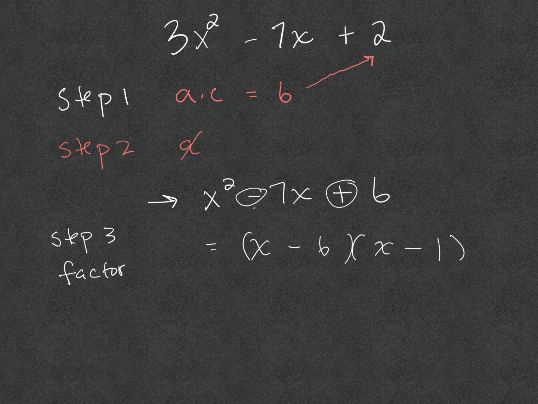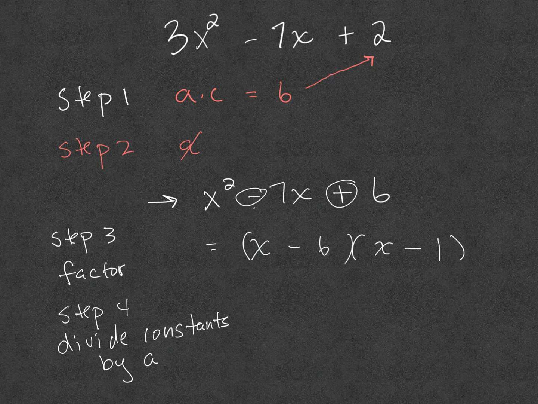Next, I'm going to divide both these constants. A constant is a number without a variable. Divide by a. That's odd, but we're going to do it anyways. Divide by 3.